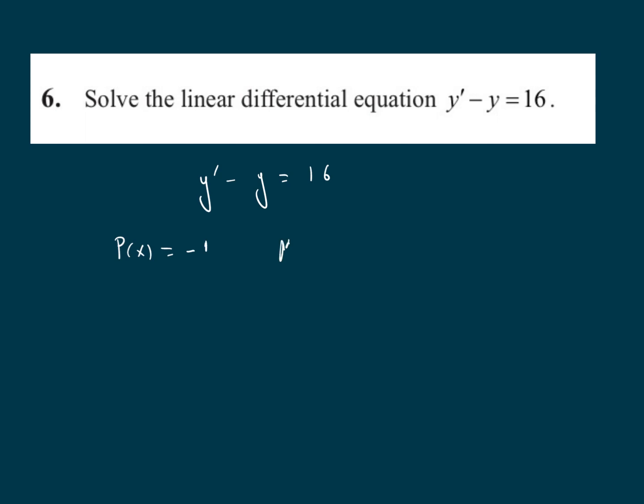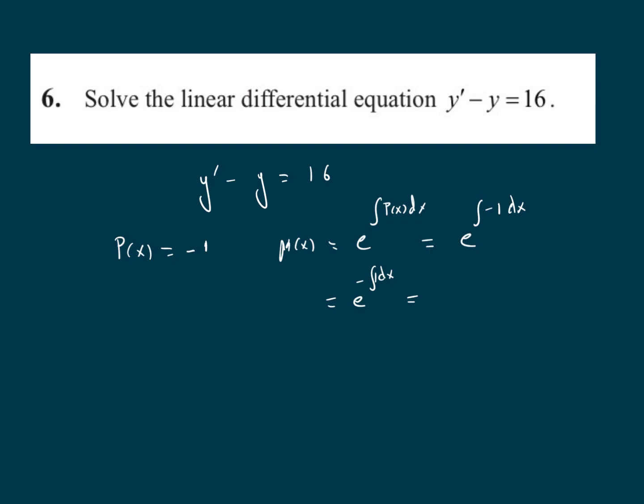And what is the integrating factor? It is e to the integral of p of x dx, or it will be e to the integral of minus 1 dx, or e to the minus integral of dx.